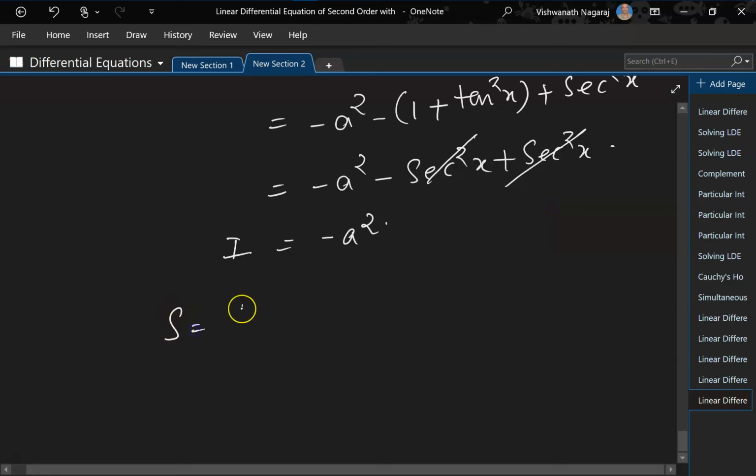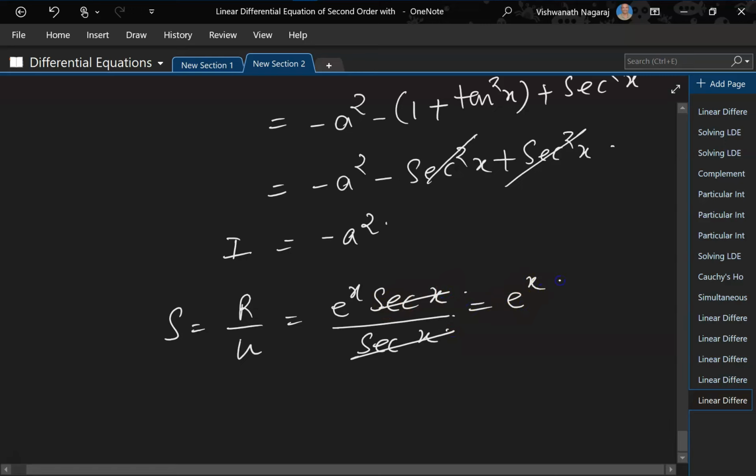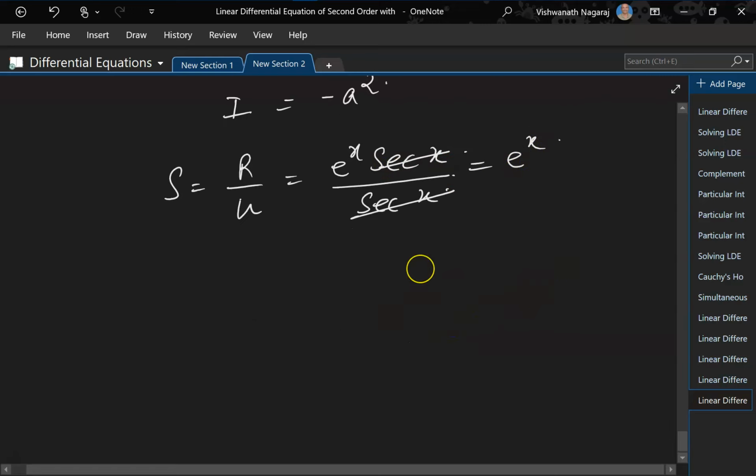Now s is equal to r by u. Now r is what? R is e to the power of x sec x. U is what? Sec x. So these two cancel out and we are left with e to the power of x, right? So let's go back to our equation. So reduced equation.